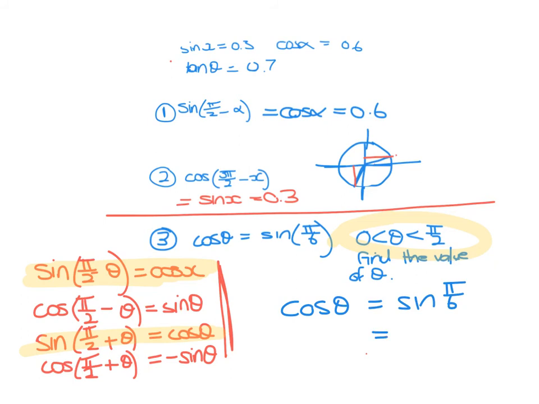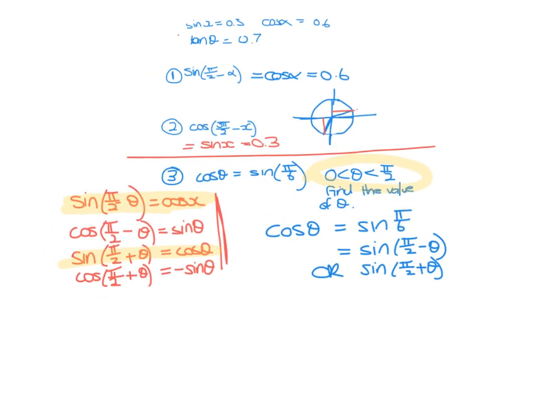I can say that's equal to sine of pi on 2 take theta or sine of pi on 2 plus theta. It's going to be one of those options. And I've got to decide what option I'm going to choose.